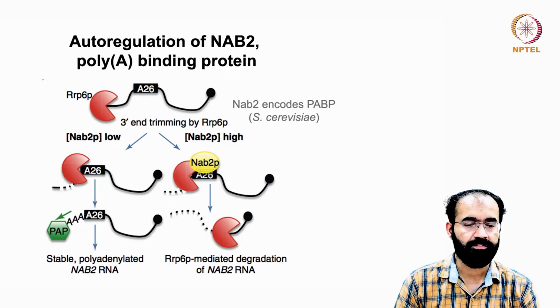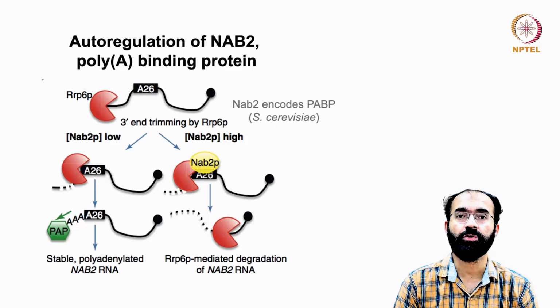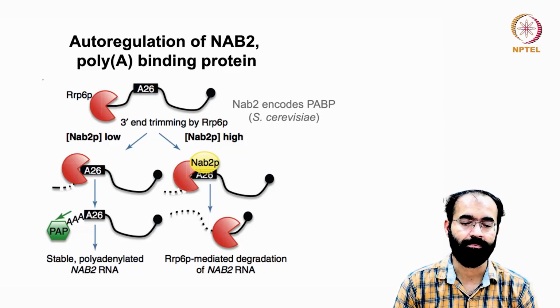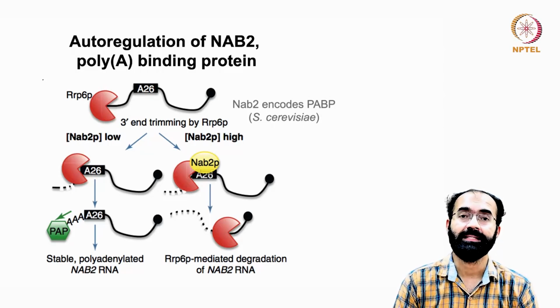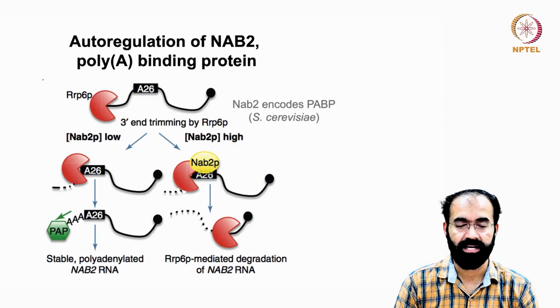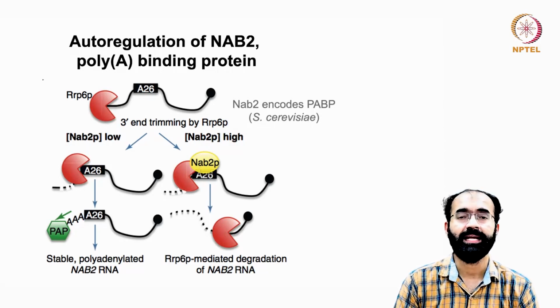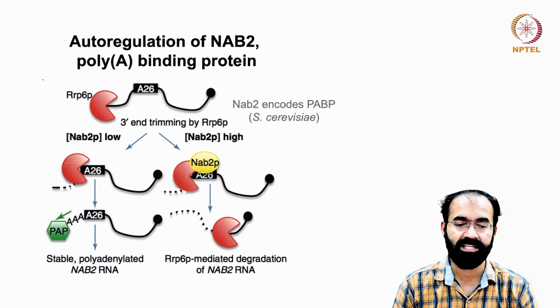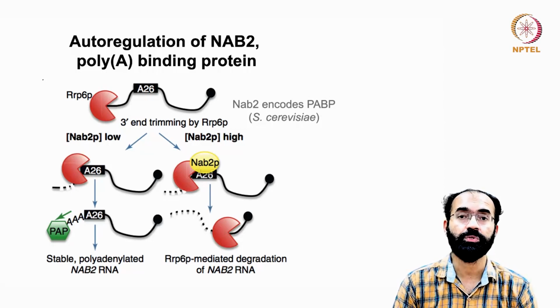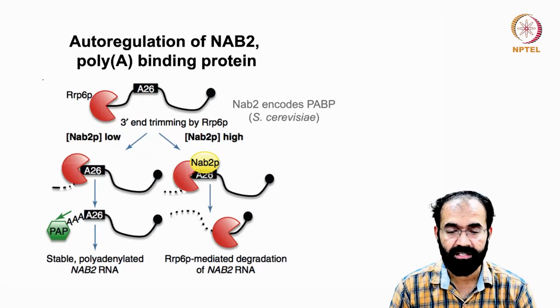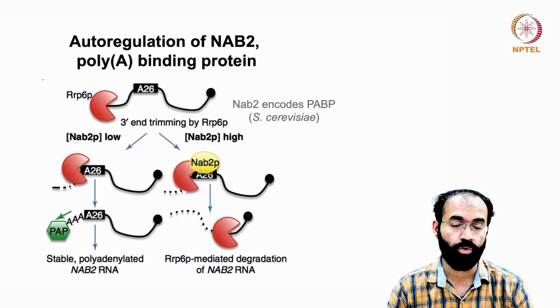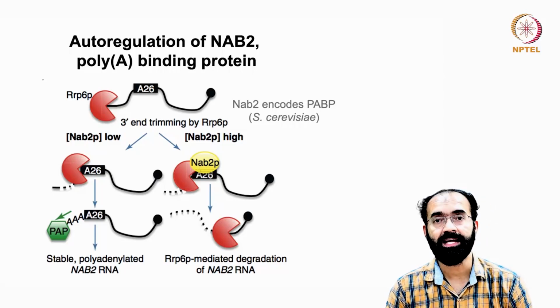Again, RRP6P is not going to keep quiet; it will come and trim again, up to A26. But whether or not NAB2P is binding will decide the eventual degradation. So if this RNA is stable, it can participate in protein translation and continue to produce the NAB protein, which eventually binds onto the A26 region and causes degradation by this exonuclease.